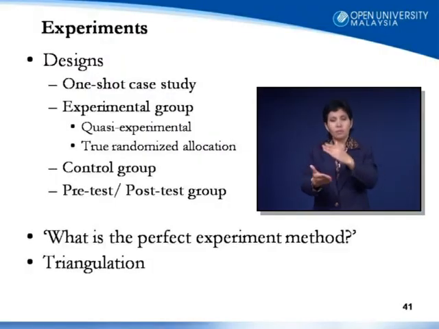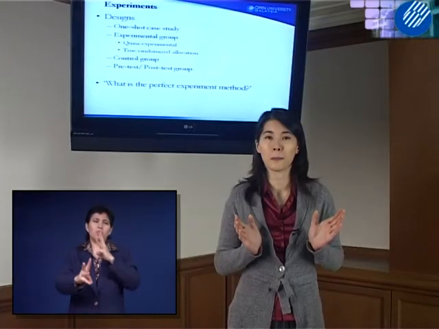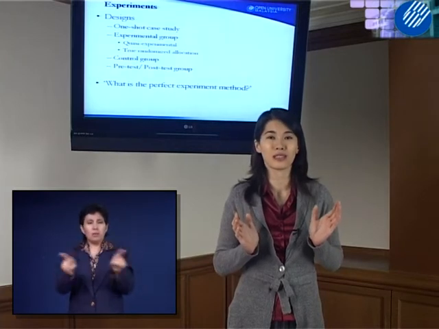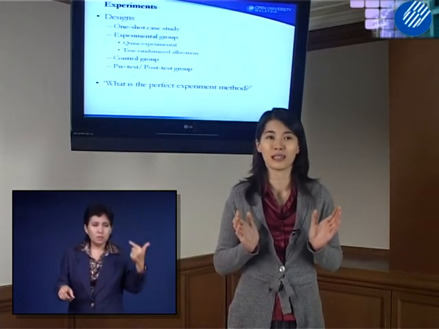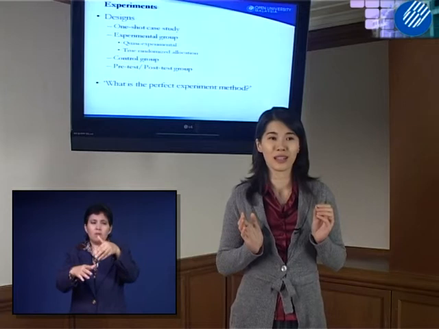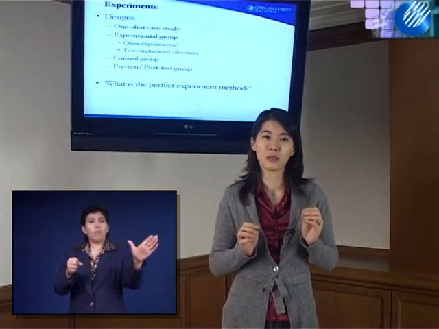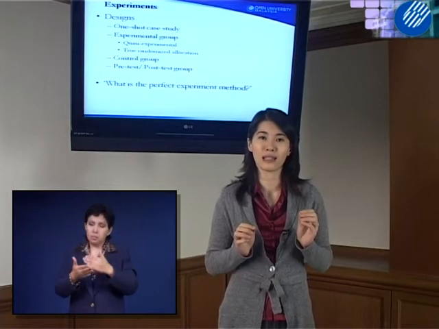Now, some people would ask, what is a perfect experimental method? Because we are living in a world where there are many different factors influencing us, I would not say that there is a perfect experiment. Every experiment has flaws. They have weaknesses.